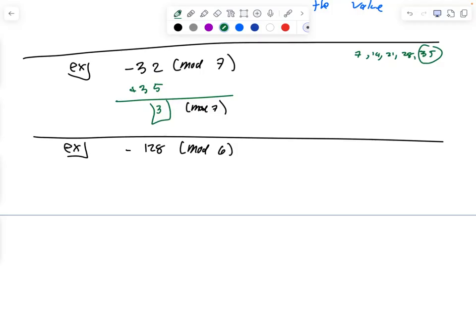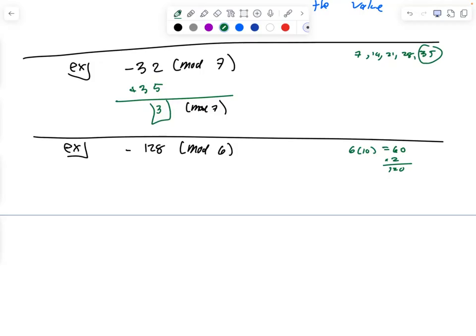So after 120, then you start adding by 6s. What's after 120 if we add 6? So we were doing 6 times 10 gave me 60, and then I doubled that, which gives me 120. I don't care how many factors of 6, I just care that it's a multiple of 6. So that gets me 120.